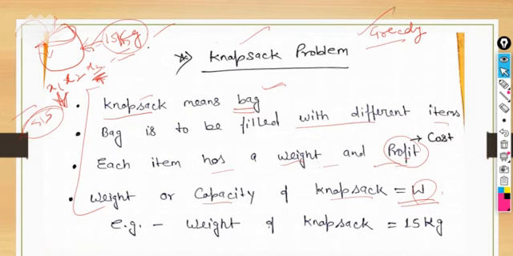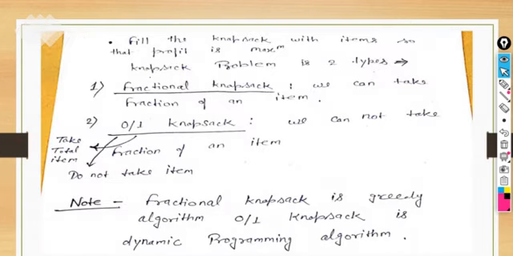Now how you can apply it, let's take an example. Before taking an example, we have some points here. There are two types of knapsack problem, fractional and 0 1 knapsack problem. In fractional, as its name indicates, we can divide the items into fractions.